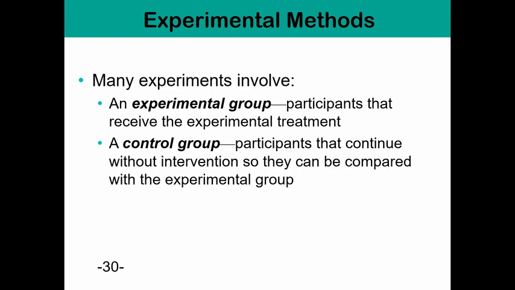If you are going to do an experiment, you must have an experimental group and a control group. An experimental group is one in which participants receive the experimental treatment. So in our alcohol hangover hypothesis, the group that actually consumed the alcohol got the treatment of drinking too much alcohol. The control group was participants that continue without intervention so that they can be compared to the experimental group.